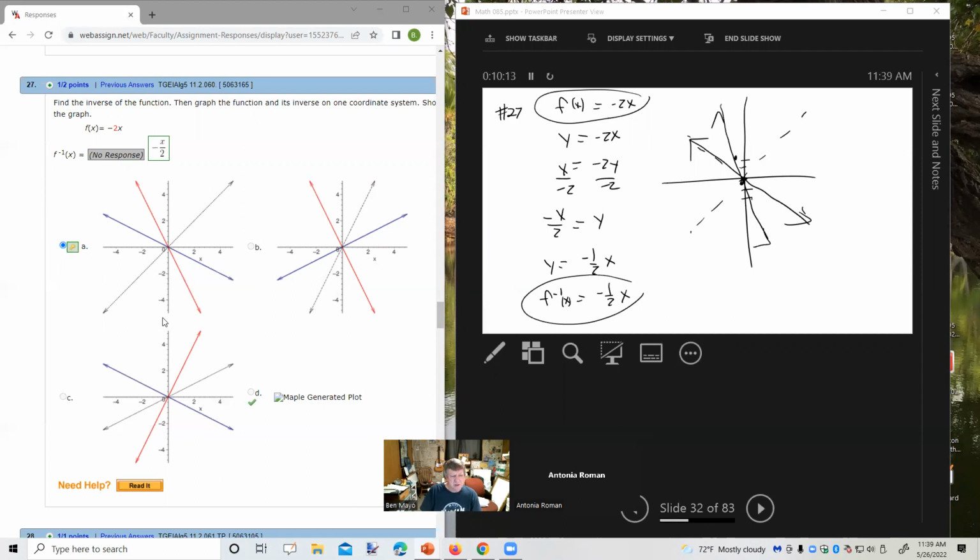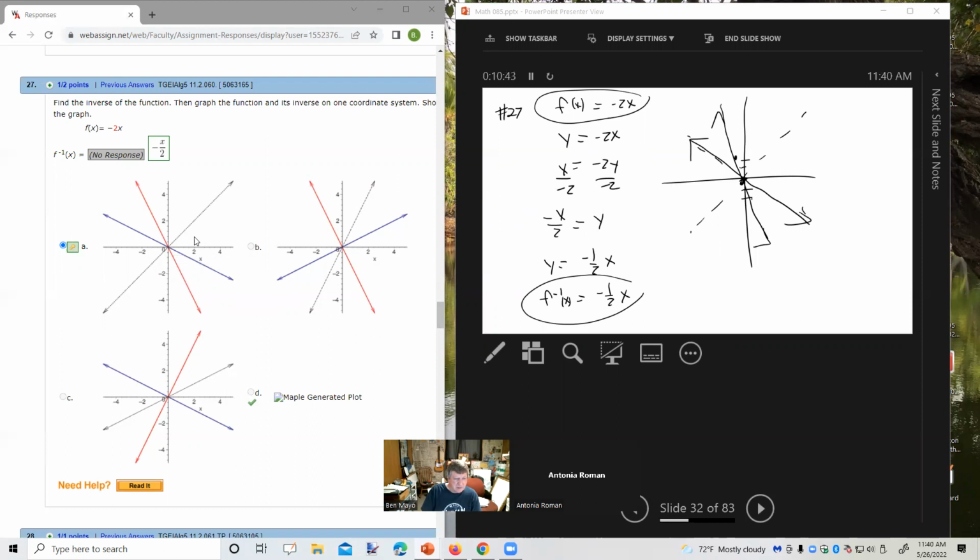And let's see here. Which one's the first one? Is this f of x equals negative 2x? Okay, that's 1. So if f of x equals negative 2x, if it's this one, you'd go down 2 and over 1.